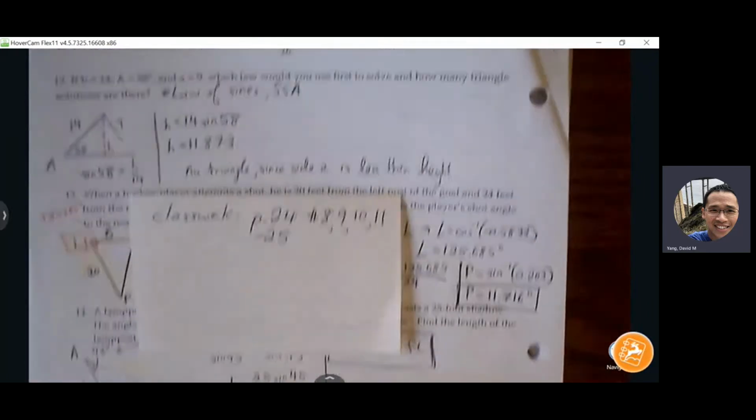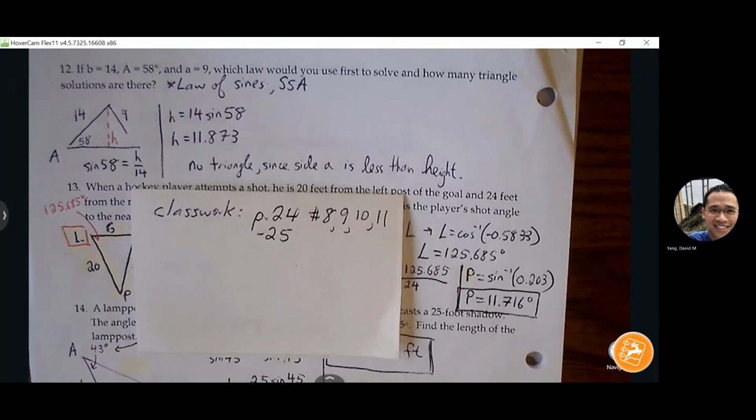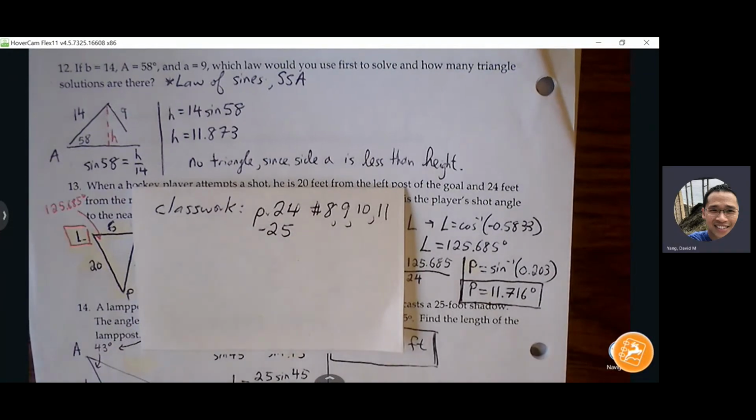Okay, here's number 12. Number 12 is a side-side-angle. There's that hanging side that we have to figure out the height so we know what to do with that 9.